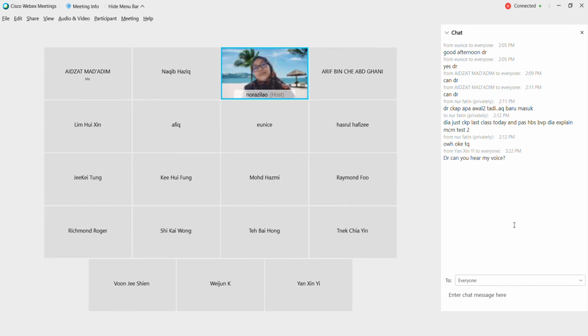Ada soalan lain? Please make sure that you log your date: 17th of June 2021, 9 p.m. to 11 p.m., our test 2 of Mathematical Methods. We will run it the same as test 1. You need to turn on your camera, make sure your data is enough, and make sure you have a camera.